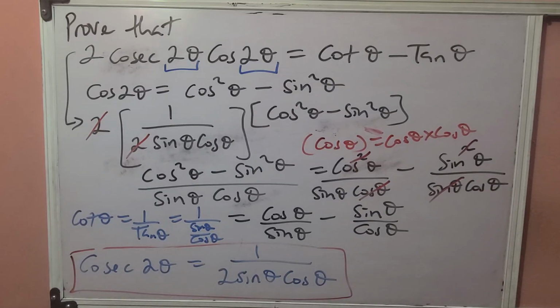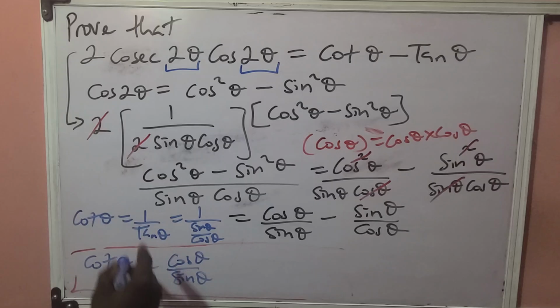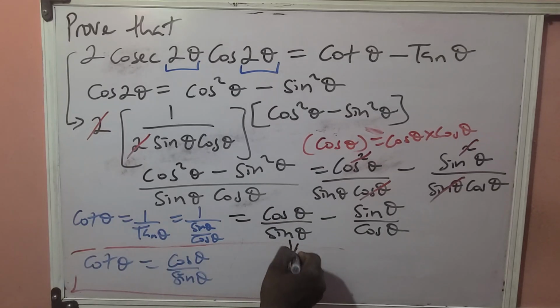So I'm sure you will agree that cot theta obviously will be equal to cos theta over sine theta. The reciprocal of tan theta is cot theta. So obviously this can be written as cot theta.